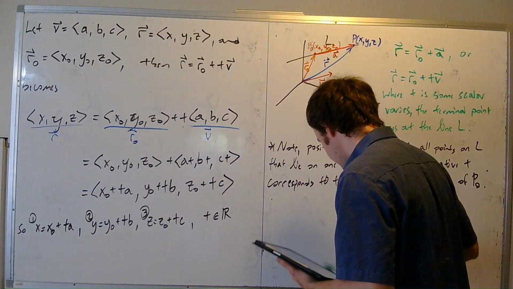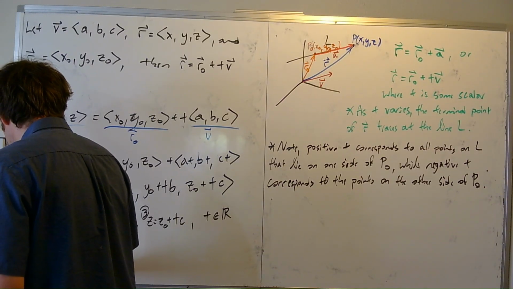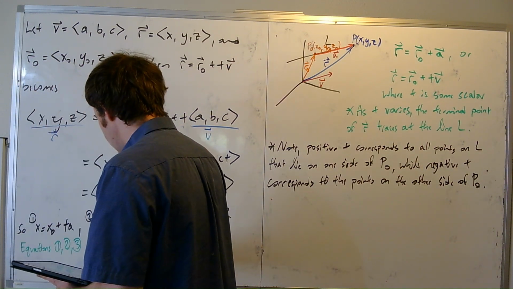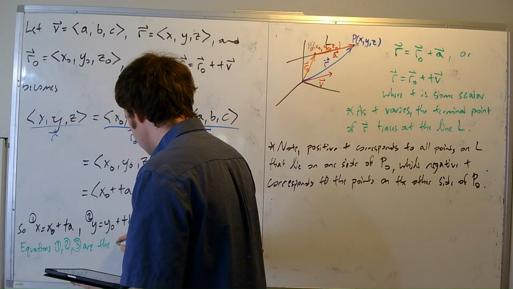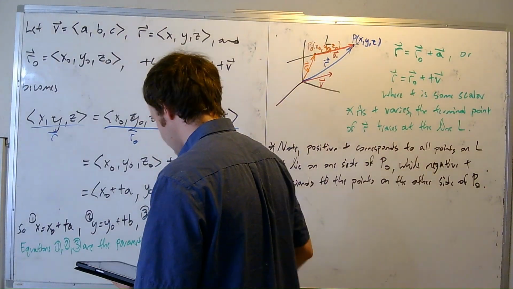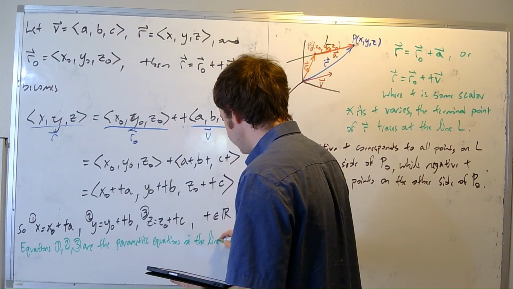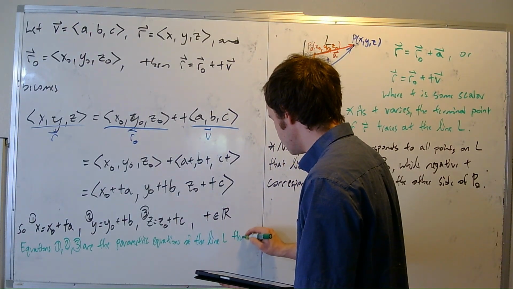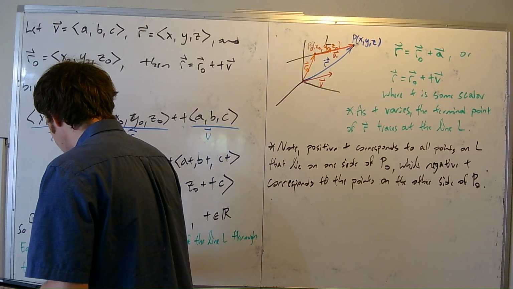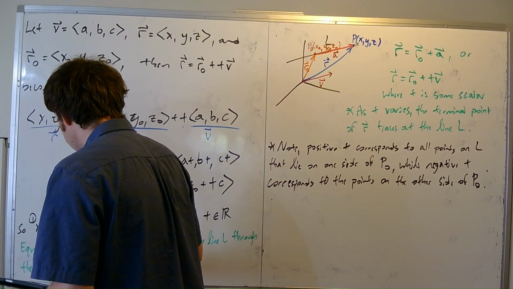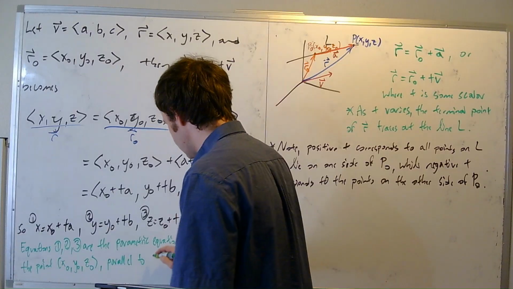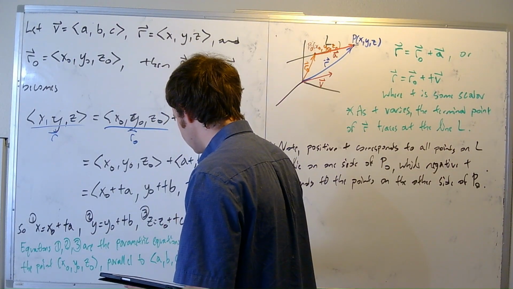So what we can say here is that equations 1, 2, and 3 are the parametric equations of the line L through the point x0, y0, and z0 that is parallel to the vector A, B, and C. Those are vector V. Right.